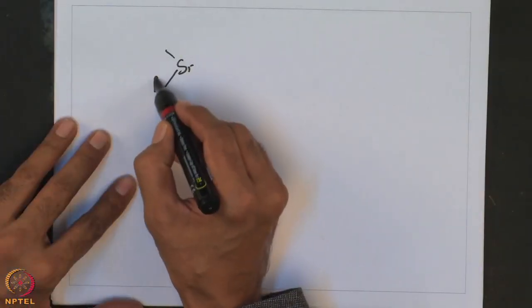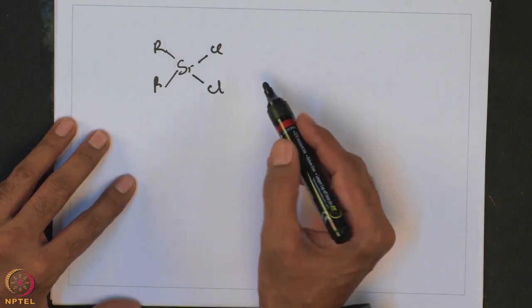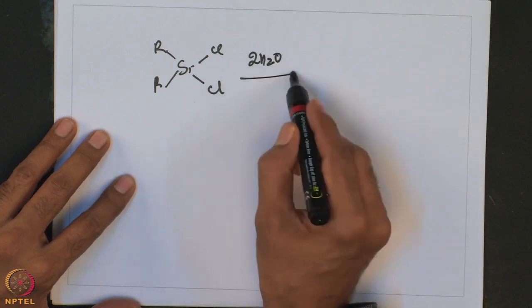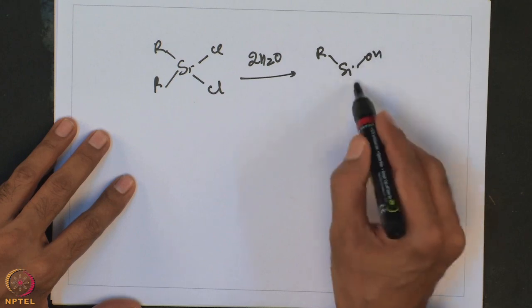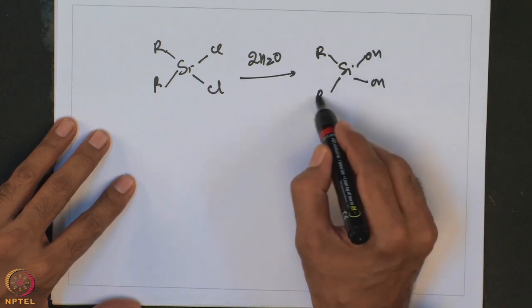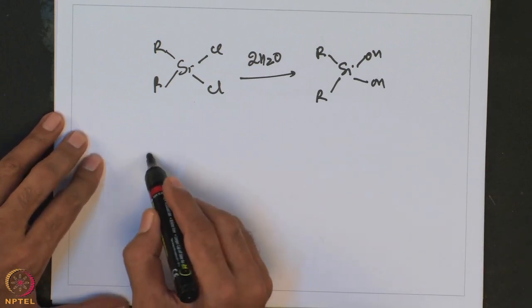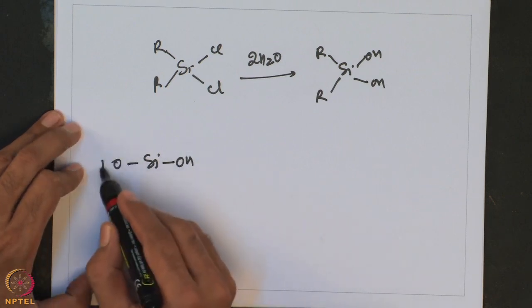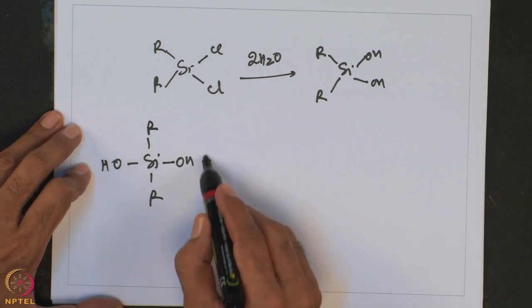For example, let us take dichlorosilane. When it is treated with water, it initially forms hydroxy groups. Okay. So, this one now reacts with another one.